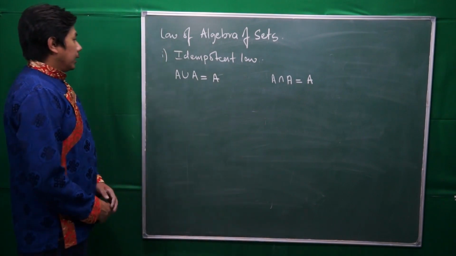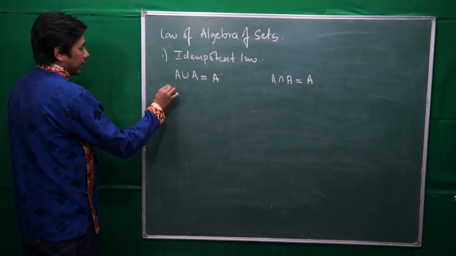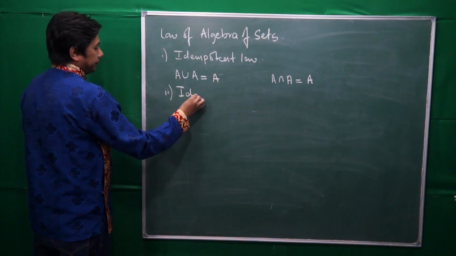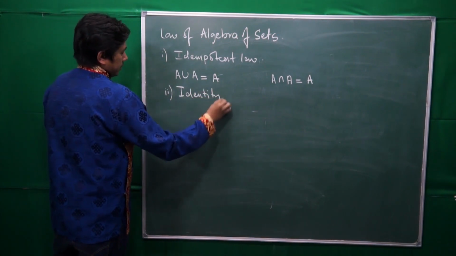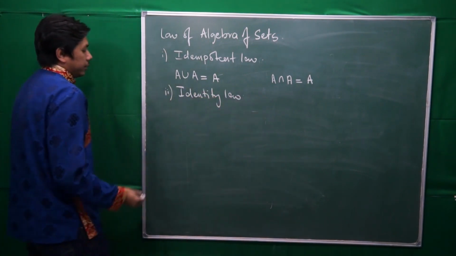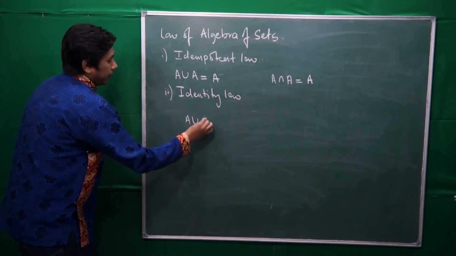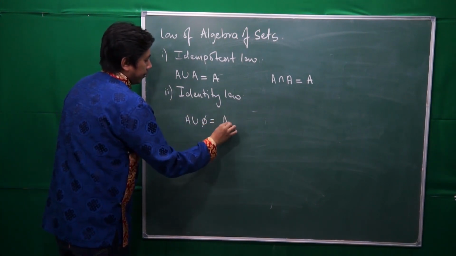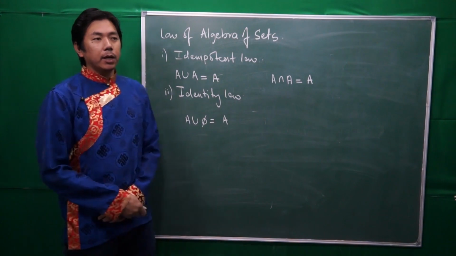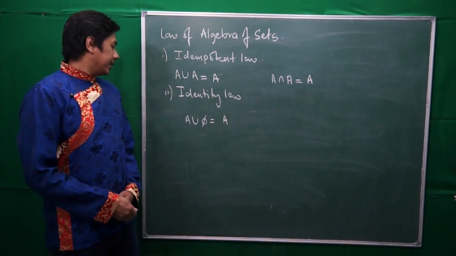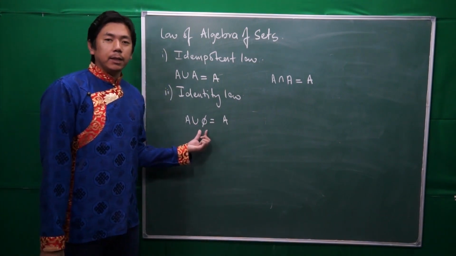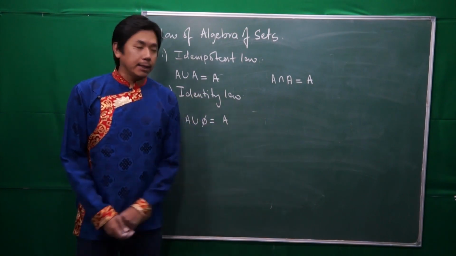Okay, next we have identity law. So A union with a null set would give me A. When A is a set that is being operated by union with a null set, the resultant would be A itself.